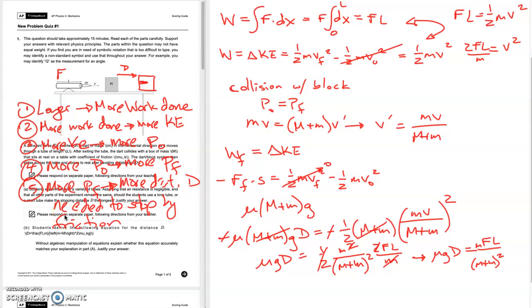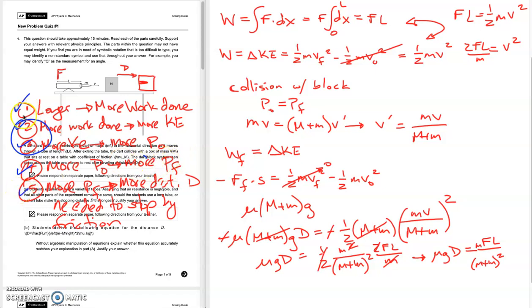All right, taking a look at the answer key, you get points for saying longer, more work done. You get more points for saying more work done means more kinetic energy. And actually these two go together. And more kinetic energy means more momentum. Then you get another point for saying more momentum at the beginning gives us more momentum at the end for the collision.